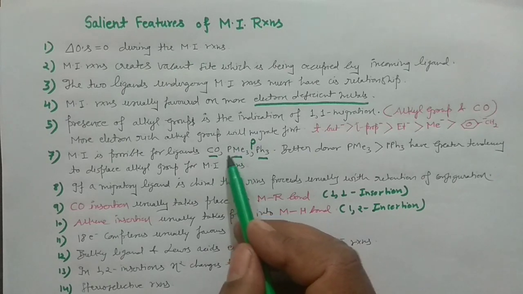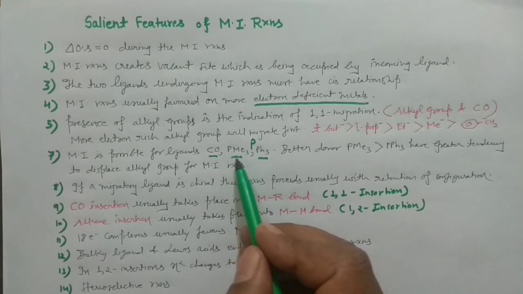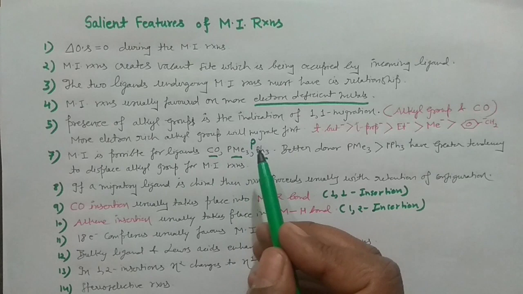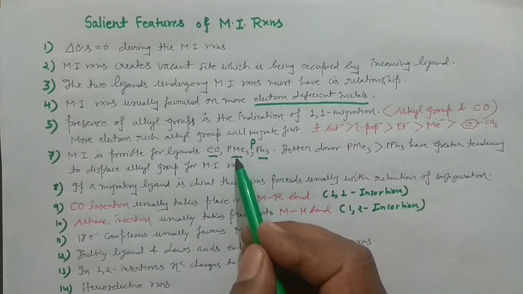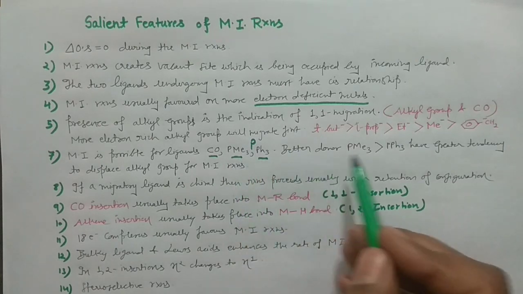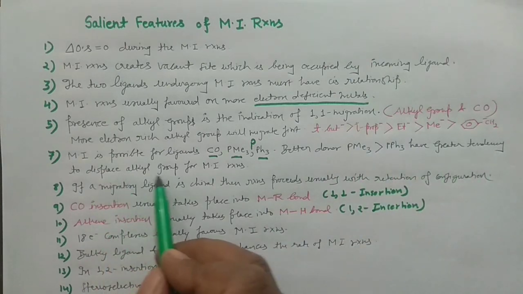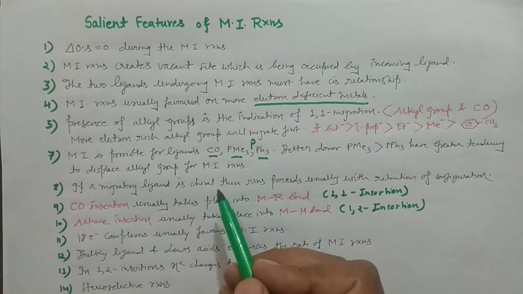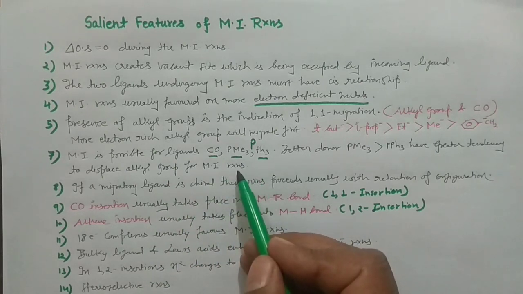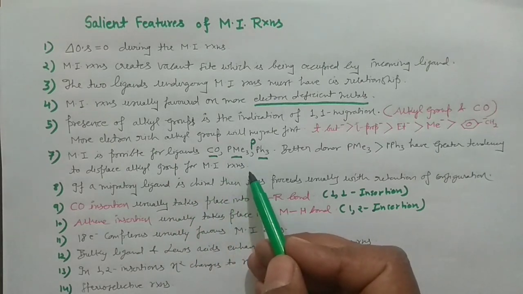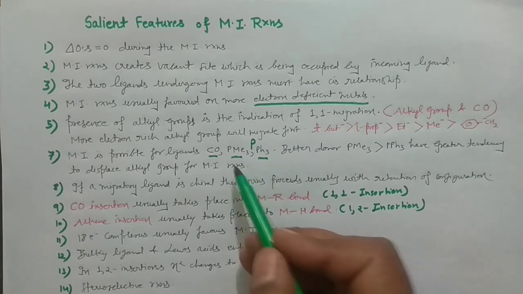So it has more tendency to undergo the reaction compared to PPh3, because it is a better donor. A better donor like PMe3, which is greater than PPh3, has a greater tendency to displace the alkyl group in the migratory insertion reaction. This particular point may become important, as you may have a question based on this.